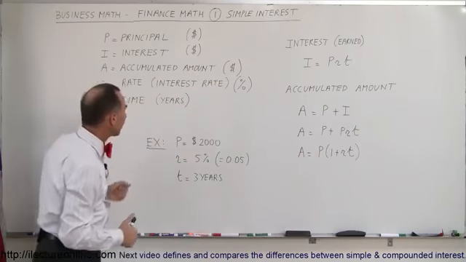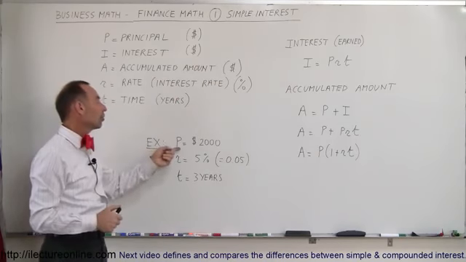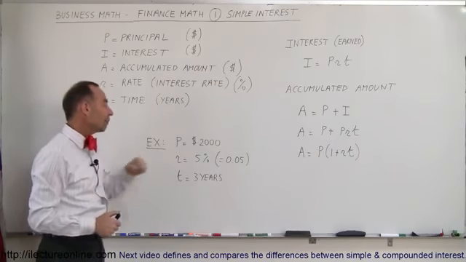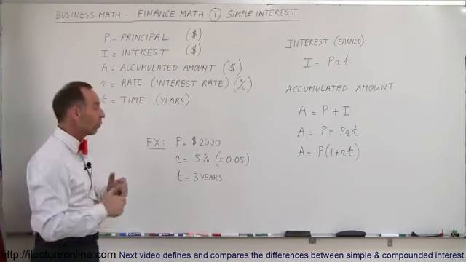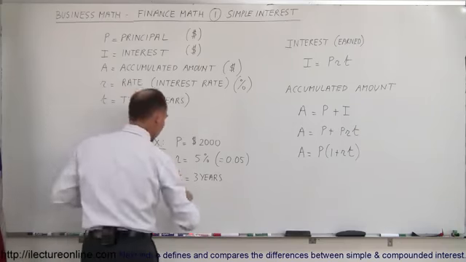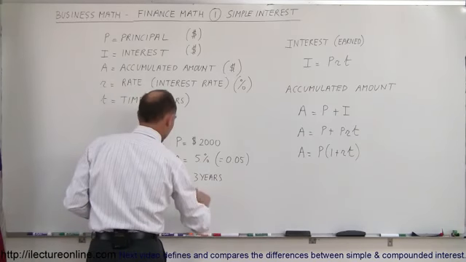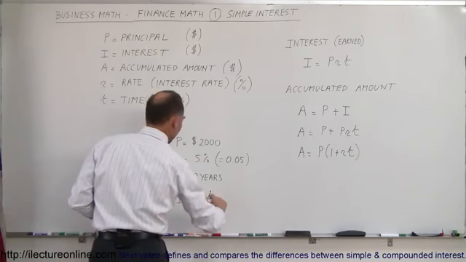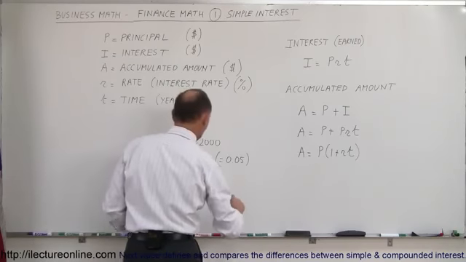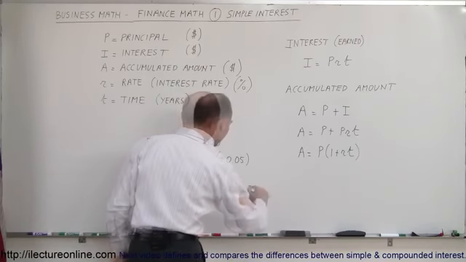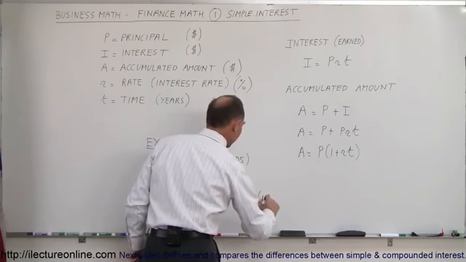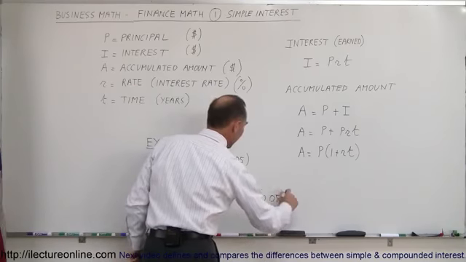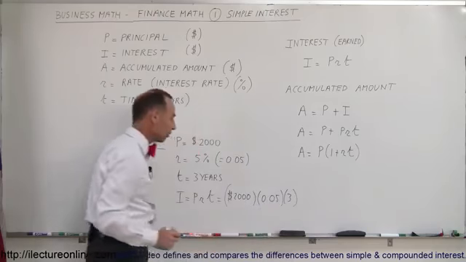All right, so here's an example. Let's say that we're going to invest $2,000 at a 5% interest rate, and we'll do it for 3 years. But it's simple interest, which means that the interest that you'll earn, I, is equal to the principal times the rate times the time, which is going to be $2,000 times the rate, 5%, so that will be 0.05, times the time, which is 3 years.